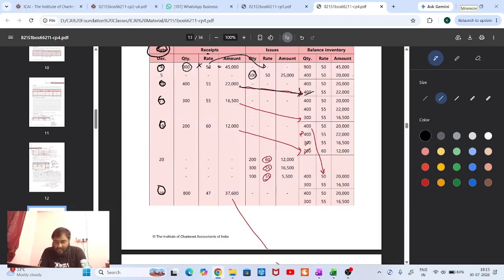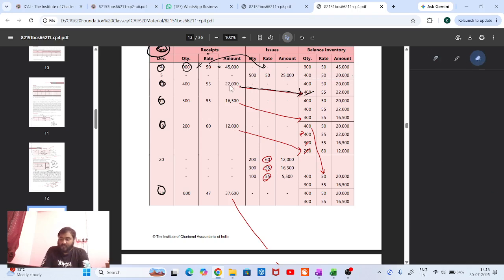Okay. We have done till here. The balance of 400 of 50 rupees each unit, which is 20,000, is lying in our godown for now, right?